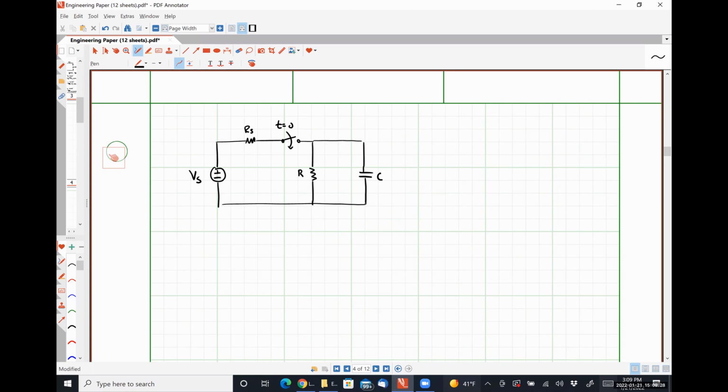Obviously, for t less than 0, the resistor R and the capacitor C have no voltage drop across them or current flowing through them because they weren't connected to anything, which means there was no energy stored in the system.